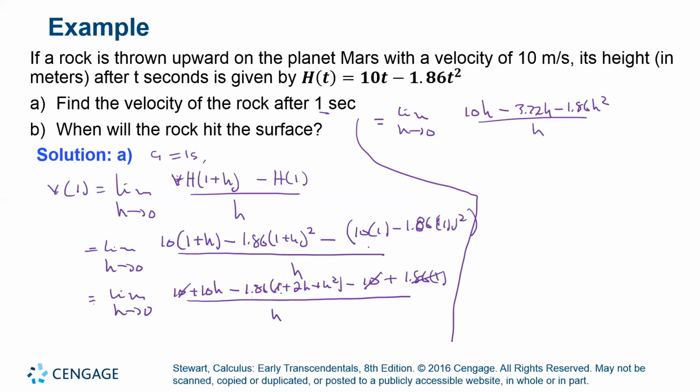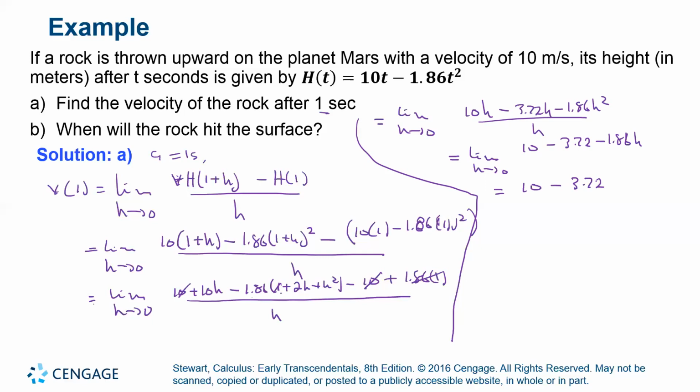Which will give us the limit as h goes to 0. It will just be 10 minus 3.72 minus 1.86h. Now as h goes to 0, you're going to have just 10 minus 3.72, okay?